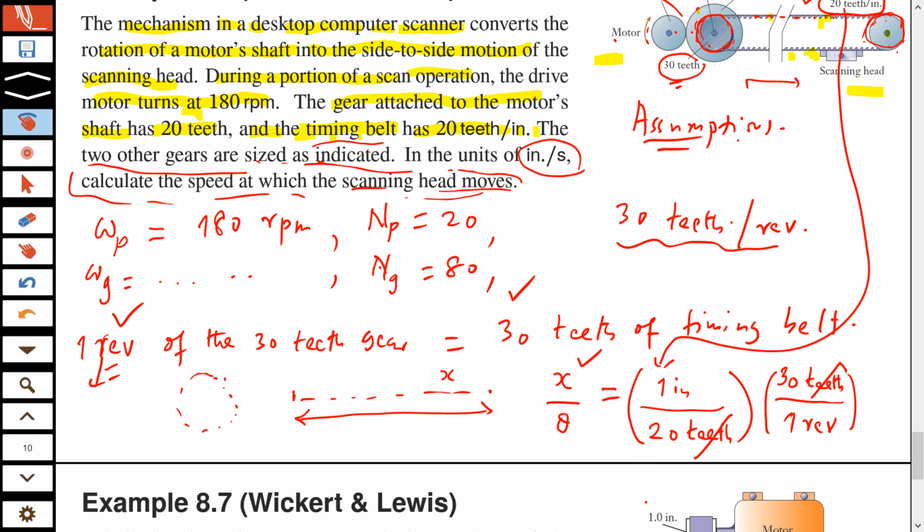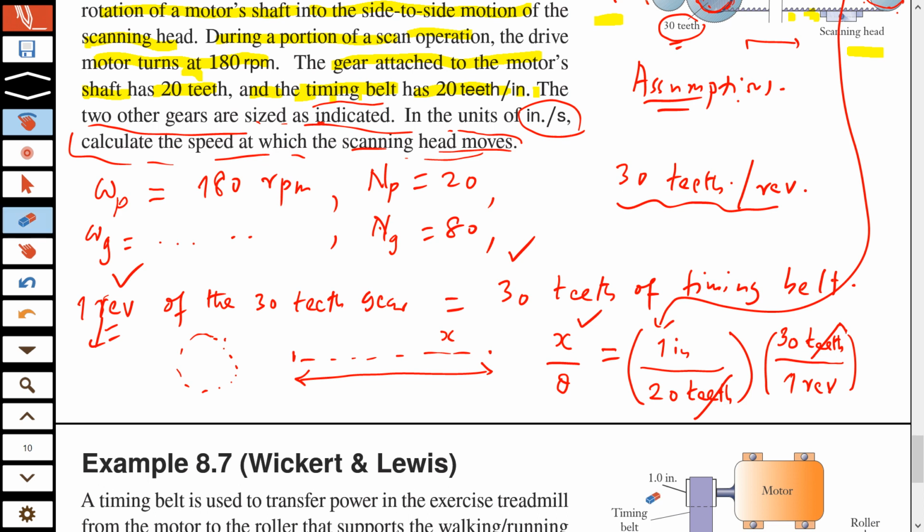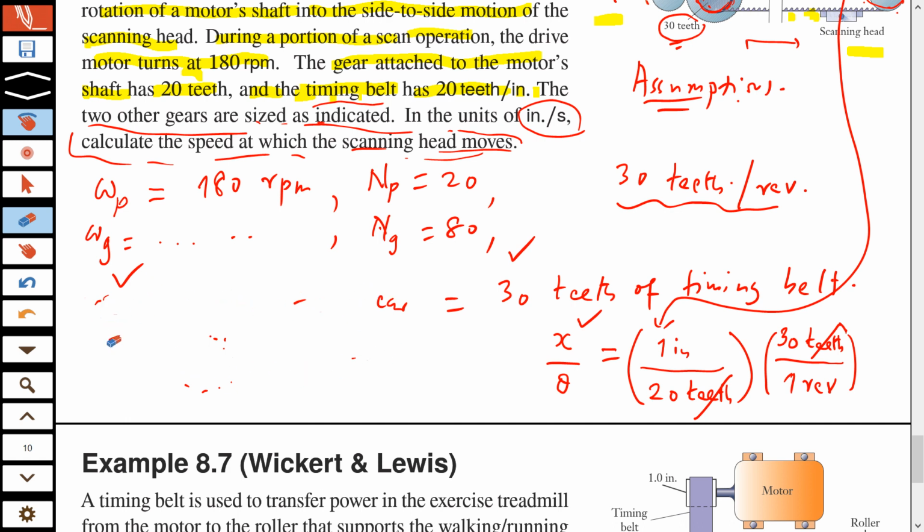So now, how does this help me calculate the velocity? So now I will be using this piece of information. I need velocity, horizontal velocity of the timing belt.